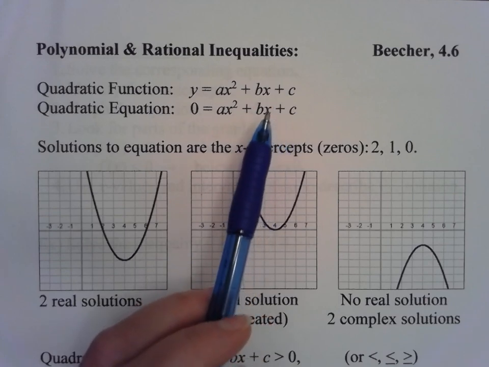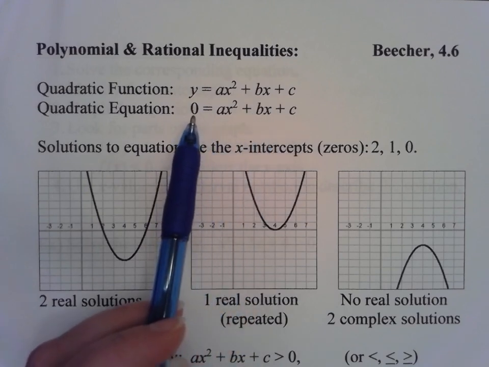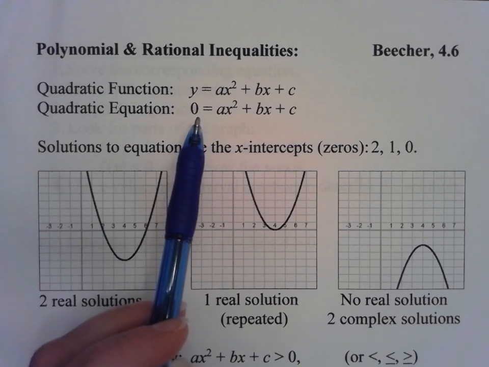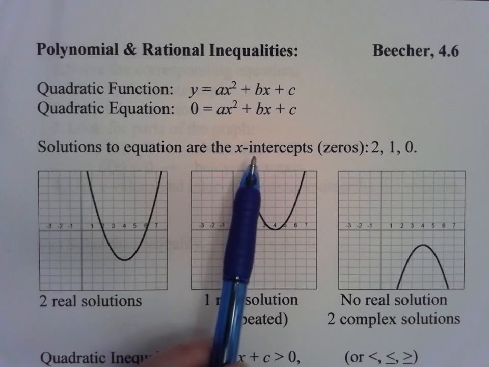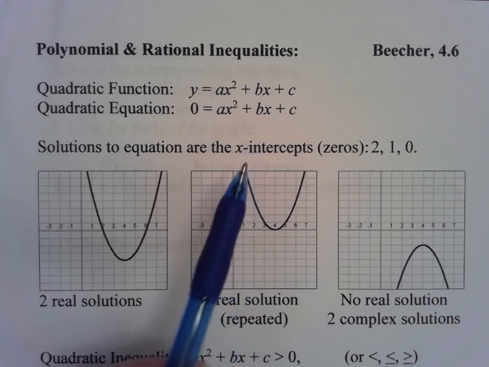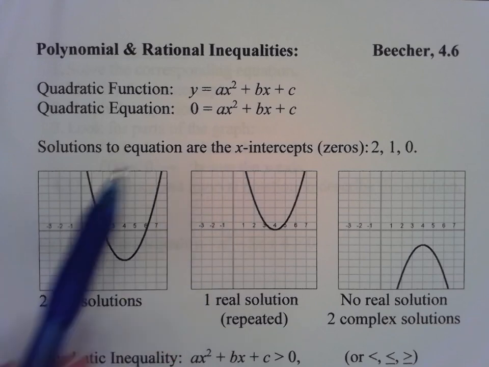The way these two relate, right, when we put a 0 in for y and then we solve for x, that's a process we've been practicing. That's how we find the zeros or the x-intercepts. For a parabola, we could have three possible results from that.